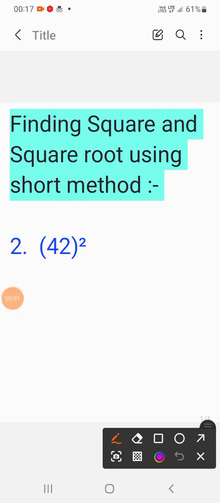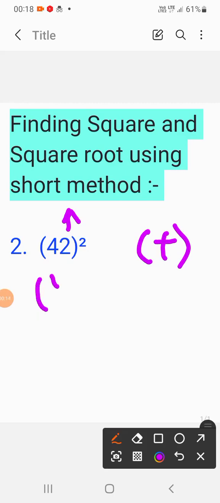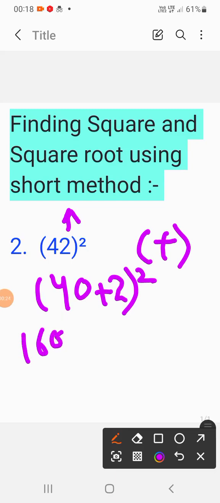Now we have to find the square of 42. Since this 2 is lesser than 5, we will use the addition method. So 40 plus 2 raised to the power 2. Square of 40 would be 1600. Square of 2 would be 4.